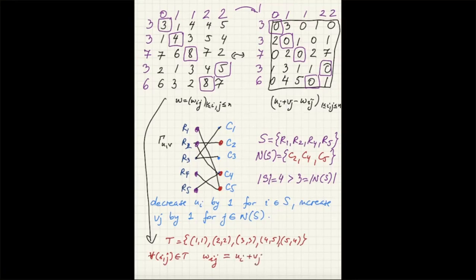So you see 3 equals 3 plus 0, 4 equals 3 plus 1, 8 equals 7 plus 1, 5 is 3 plus 2, and 8 is 6 plus 2. So that guarantees that T is maximum weight.